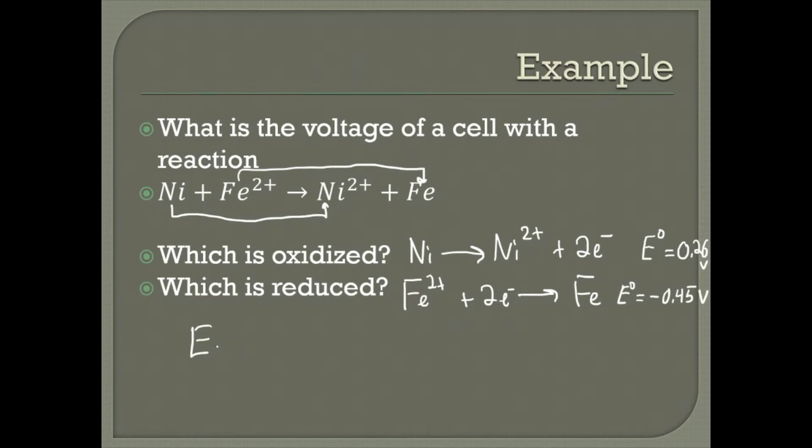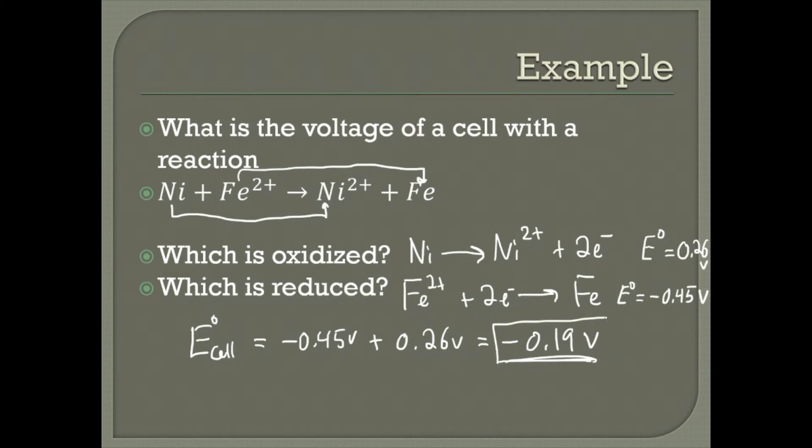So the total voltage of the cell is going to be our reduction voltage, negative 0.45 volts, plus our oxidation voltage, 0.26 volts, for a total voltage of negative 0.19 volts. So this reaction would not actually occur because it requires energy.